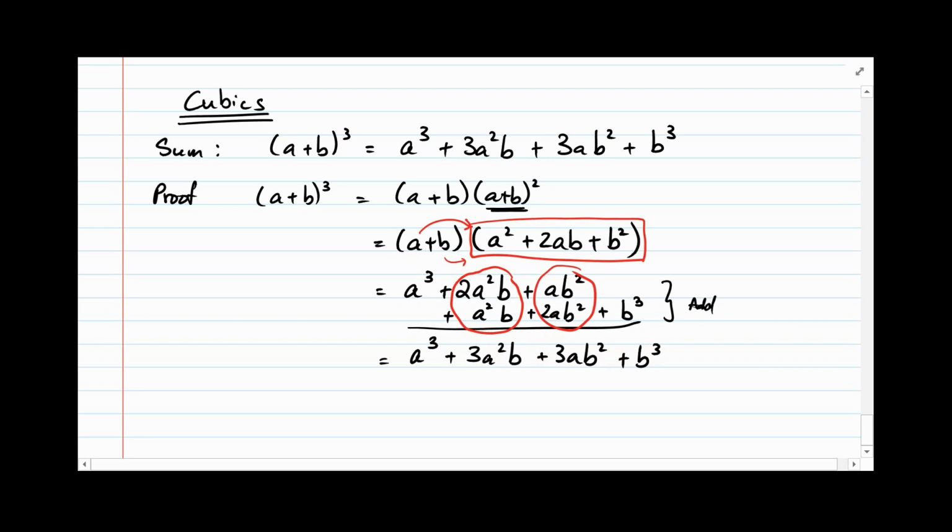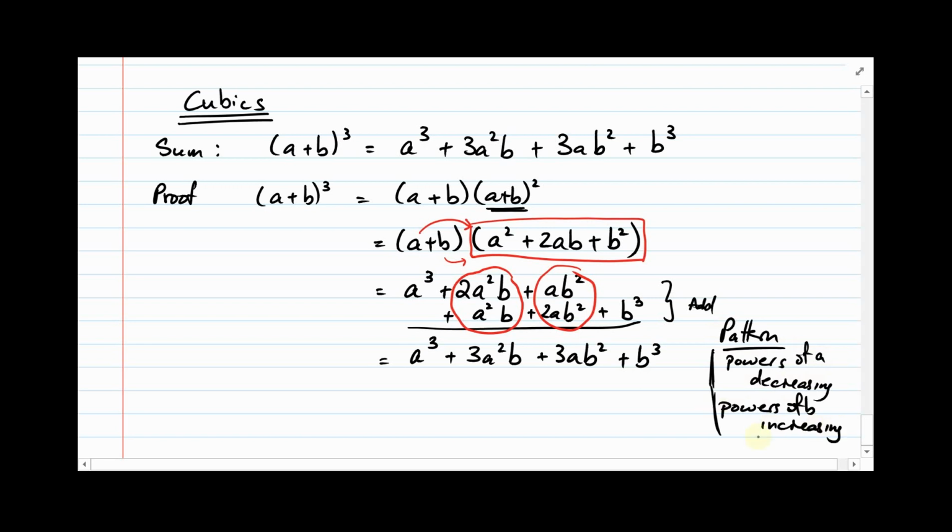So some of the pattern, if you're trying to remember this, is that the coefficients are 1, 3, 3, 1. We will look at this in more detail much later in the course. And you see that the powers of a are decreasing while the powers of b are increasing.